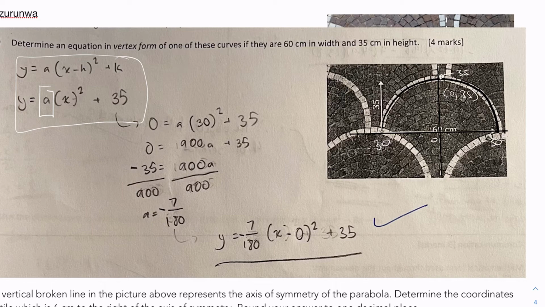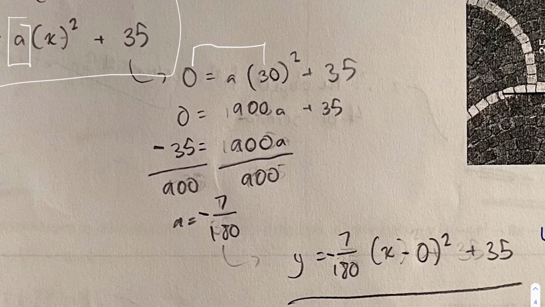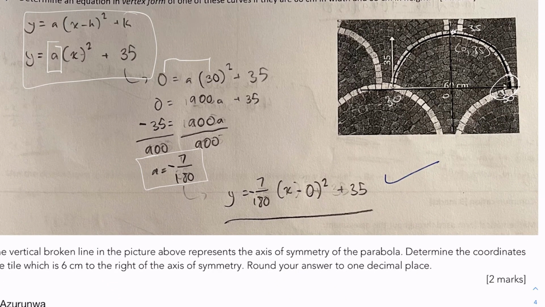So he decides to use one of the endpoints, 30, 0, so 30 for x, 0 for y, plugs it in, does the work, and ends up with an a value of -7 over 180. Plugs that back into the equation, and it gives him a formula for that parabola. Some students decided to turn that -7 over 180 into a decimal.